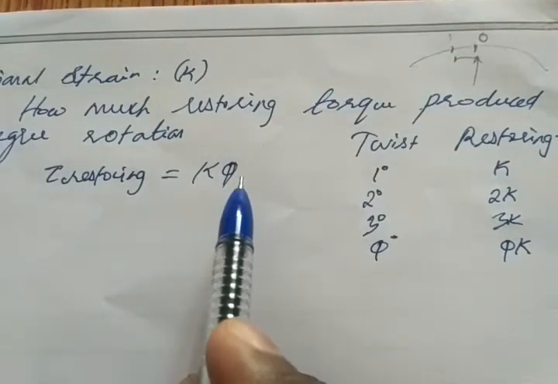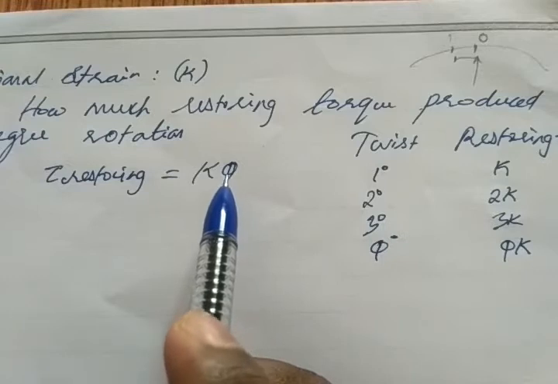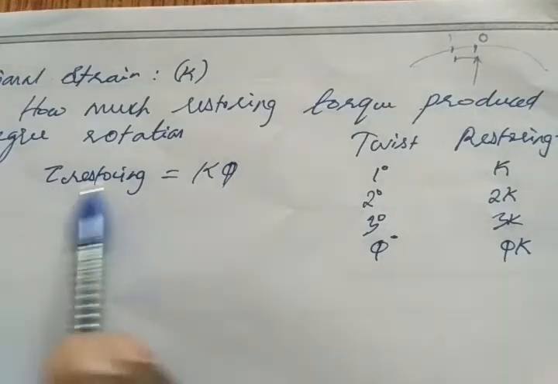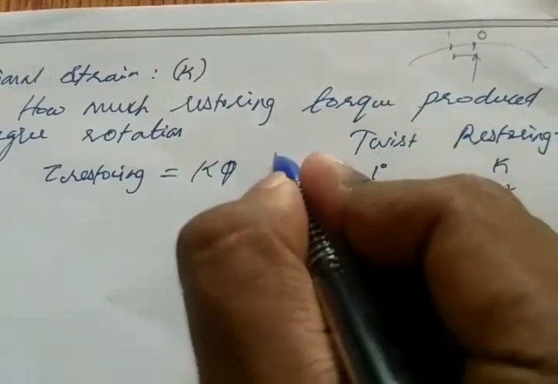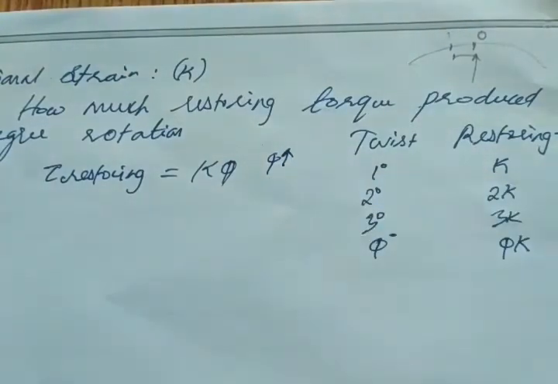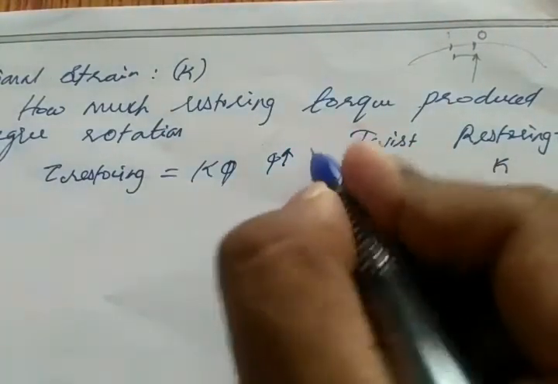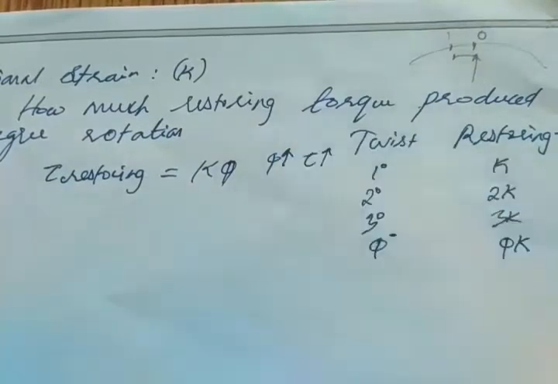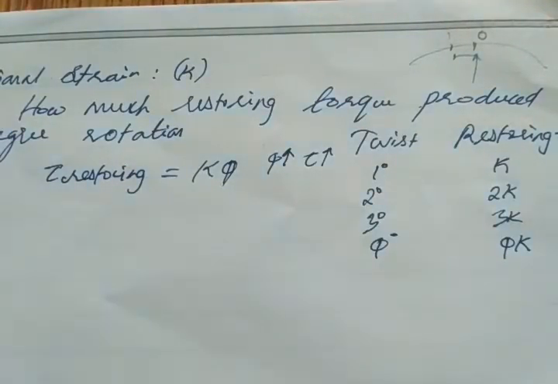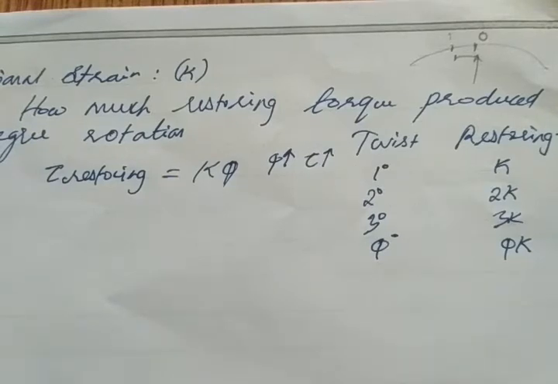If the deflection is more, which means the coil rotates more, then it has more restoring torque, right? If phi is more, it experiences more restoring torque. Just as I said, when you open the door fully, it shuts very fast. When you open the door very slightly, the door closes smoothly.